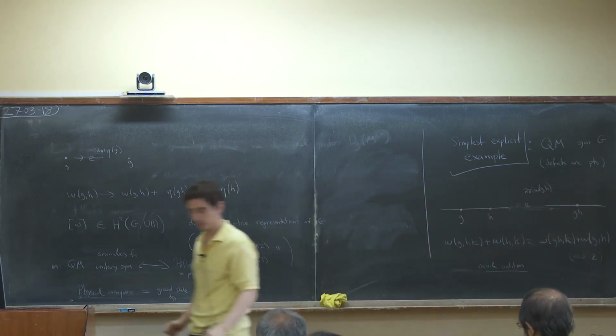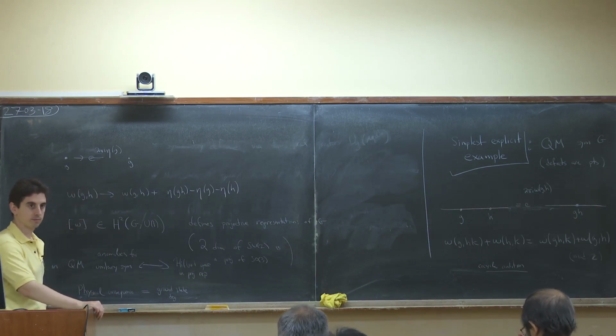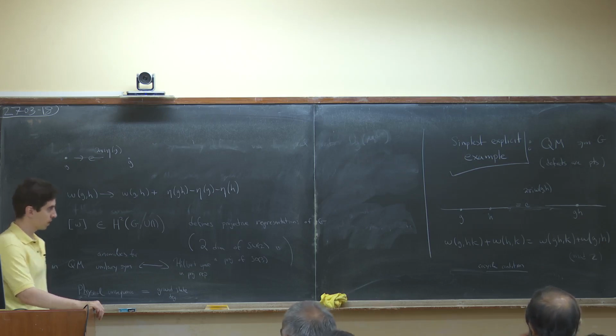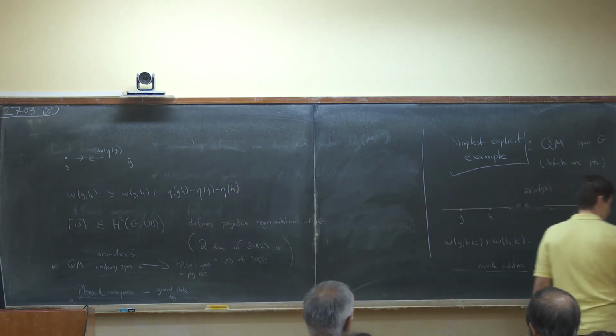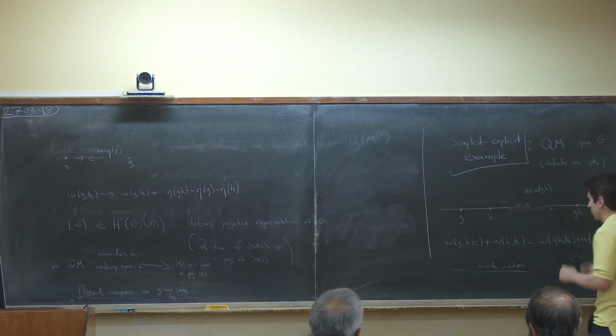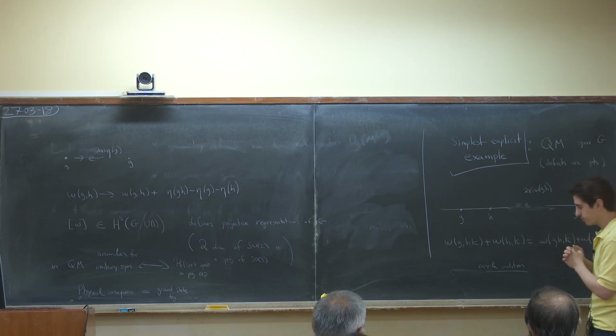I'm really sorry, but the link I'm missing is why does the anomaly defined in the first way, as a failure of the partition function to be gauge invariant vis-a-vis a background gauge field, imply a non-trivial phase here and vice versa? Good. The first thing is that there's a complete dictionary between symmetry defects and flat background gauge fields.